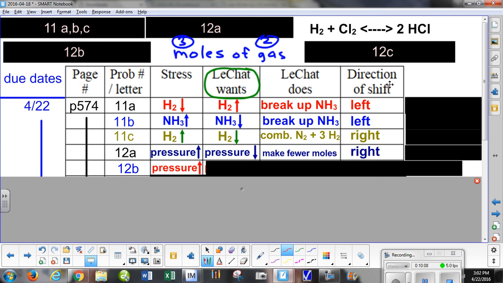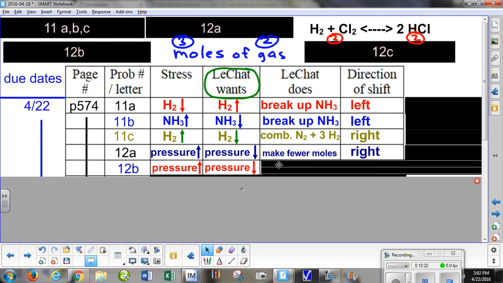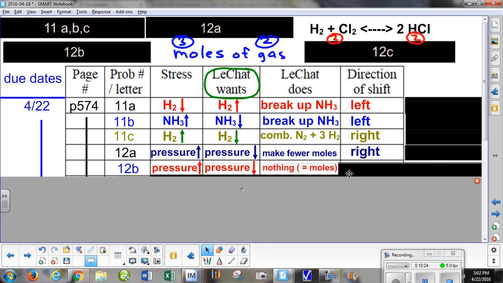Moles on the right? Uh-oh. We've got Le Chatelier. He wants to put the pressure down. Guess what? He can't do a thing about it. So, which way is he going to shift? Exactly, he's not. He can't do a thing.